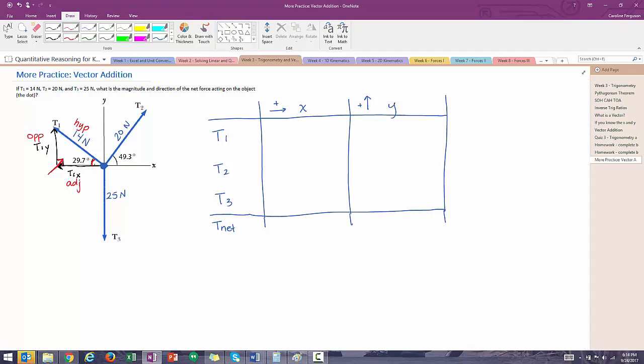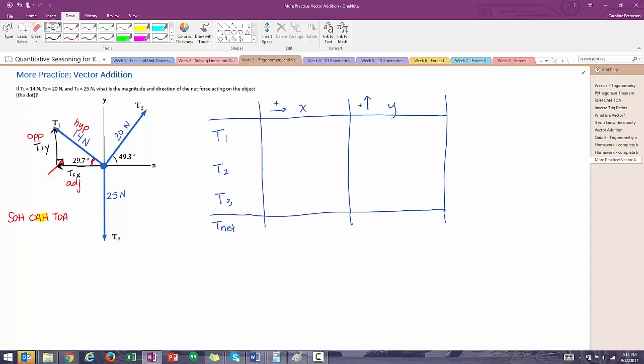All right, so now if we're looking for T1x and we know the hypotenuse, we're going to write down Sohcahtoa. T1x is the adjacent side, and 14 newtons is the hypotenuse side. So we're looking for the one that has adjacent and hypotenuse in it. Adjacent, hypotenuse, so that would be cos.